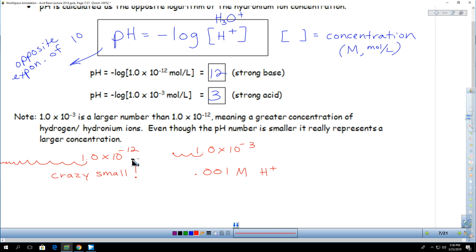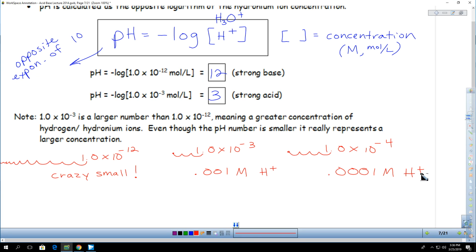Now, here's one more example. Let's say I have 1.0 times 10 to the negative third versus 1.0 times 10 to the negative fourth. And now I want to take this out of scientific notation, going 1, 2, 3, 4. So this would really be 0.0001 molar hydrogen.